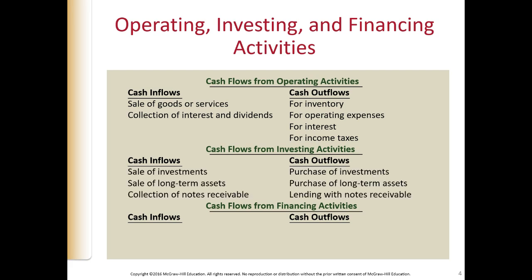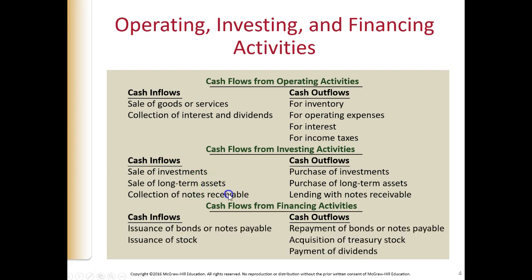The second section, investing activities: when we purchase investments, purchase long-term assets like equipment, buildings, and so forth, or loan money, or when we sell investments, sell the assets, or collect those notes. The third area: issuance of bonds payable or notes payable, and issuance of stock, that's cash coming in the door. Cash going out the door is when we pay for the bonds or notes payable, acquire treasury stock, or pay dividends.